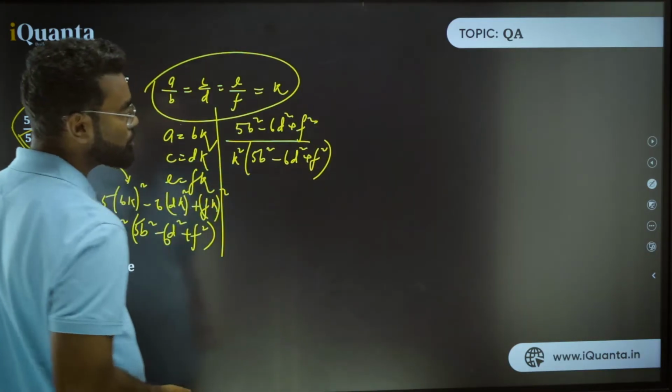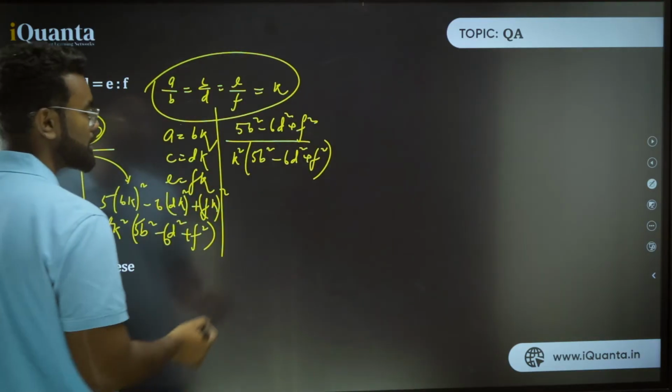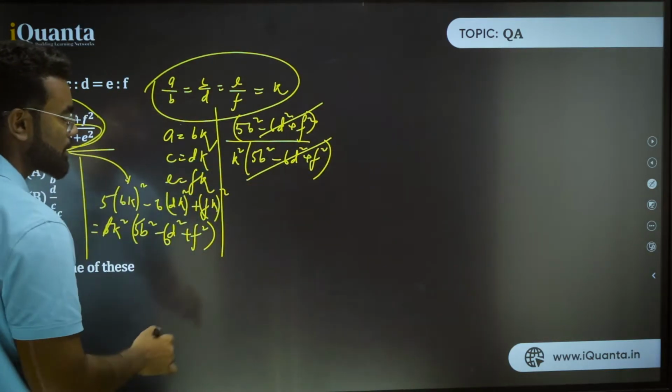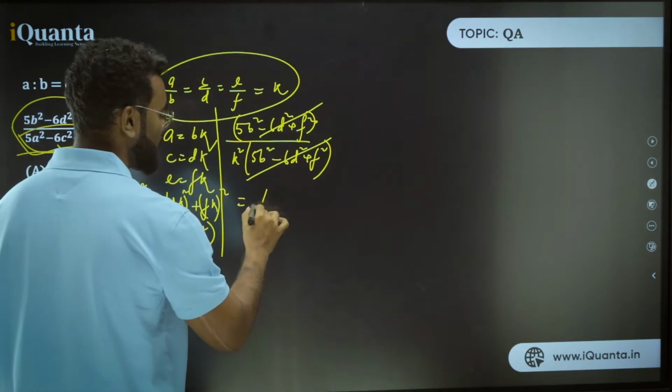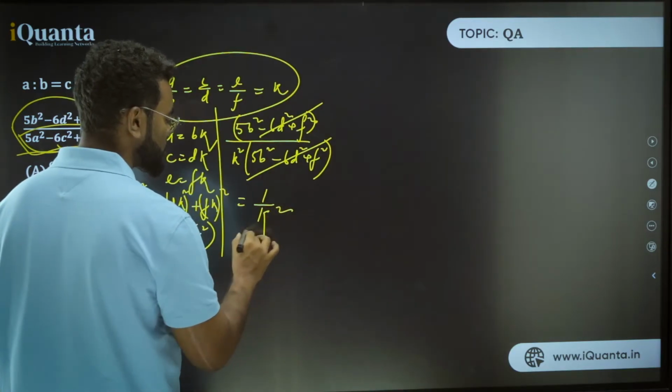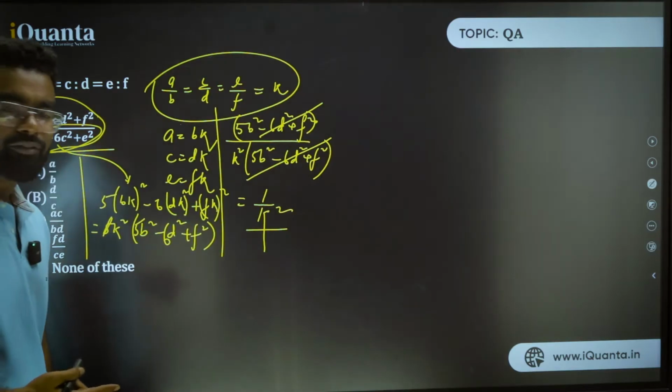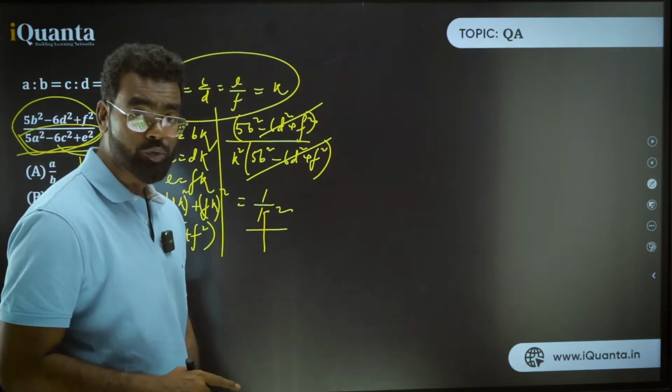And if this is not equal to 0, obviously it is not, then I can cancel it out. So the answer is 1 upon k square. So this constant term is 1 upon k square.